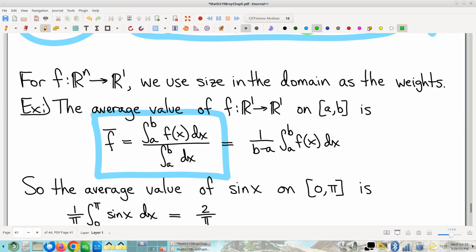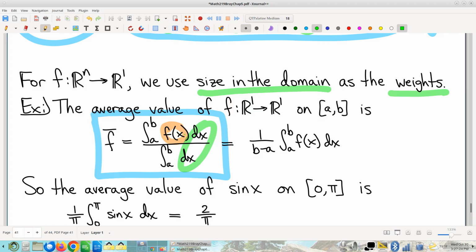Then whatever numbers we're adding up goes there, and we use size in the domain as the weights. If you're looking at a little interval of values on the x-axis, the size in the domain, the width of that little subinterval, is dx. So again, kind of a rip-off of the idea of a weighted average, where, importantly, literally, size in the domain gives you the weights.